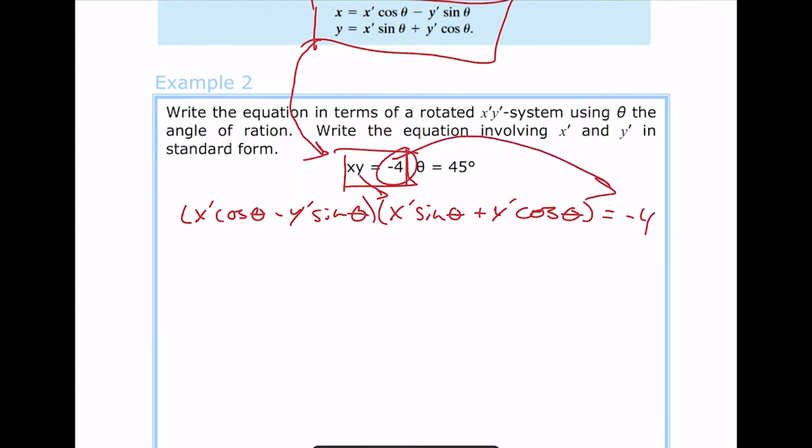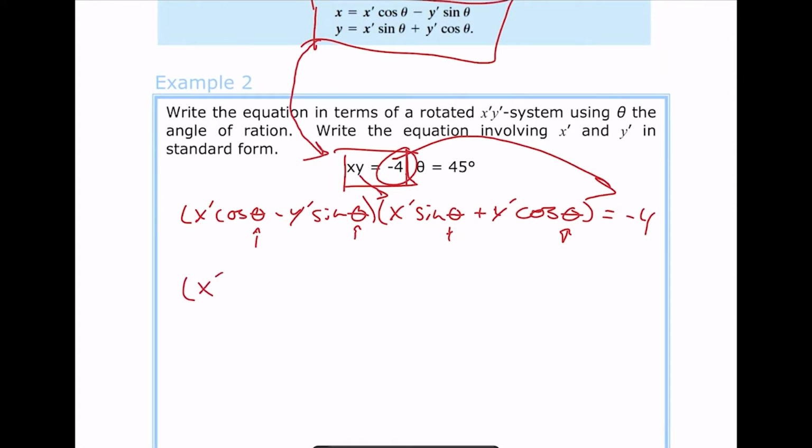Here's the -4. We've also been told our theta value is 45 degrees. So if you wanted to go back in and erase these and put 45s in, you could do that. If you want to rewrite the equation, you can.